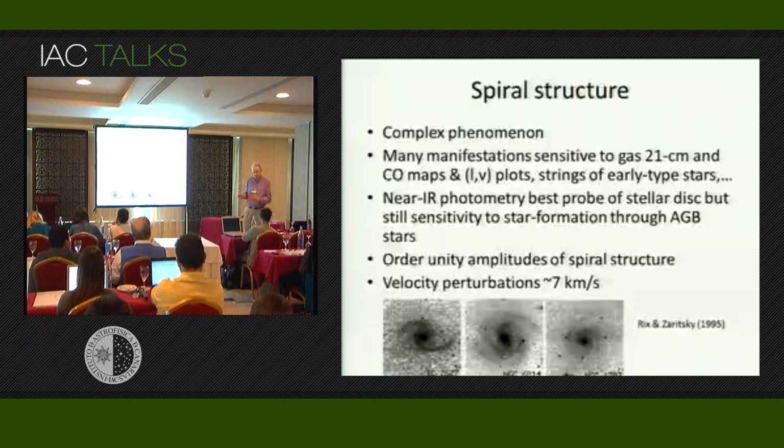At blue wavelengths, you're obviously heavily influenced by very young stars, which are formed in the shocks driven by spiral structure. Even at red wavelengths, which is the best place to be because you want to be sensitive to the old stars, the old low-mass stars are the way to go to ask, so what are the stars really doing? What is the gravitational potential generated by the mass-bearing stars doing?